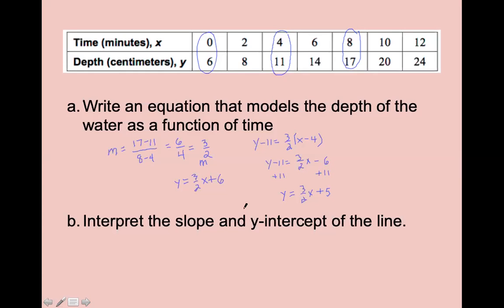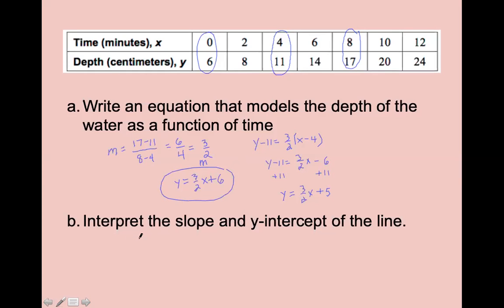It says to interpret the slope and the y-intercept of the line. So let's talk about this, and it doesn't matter which one we're talking about. Let's just look at this one, and what the problem was about. The problem says, the table shows the depth in centimeters of water filling a bathtub after t equals x minutes, after our time is x minutes.